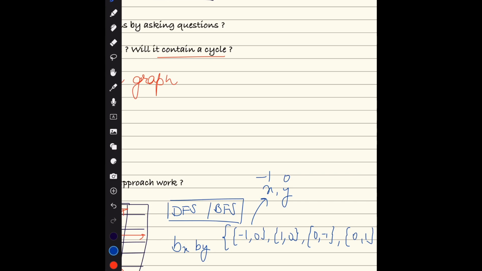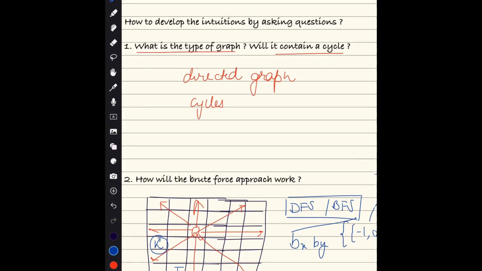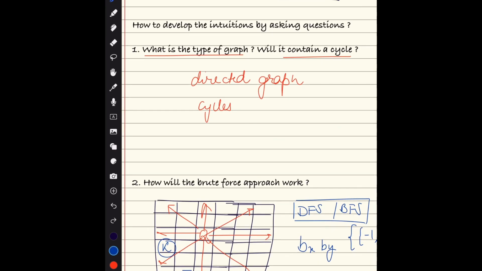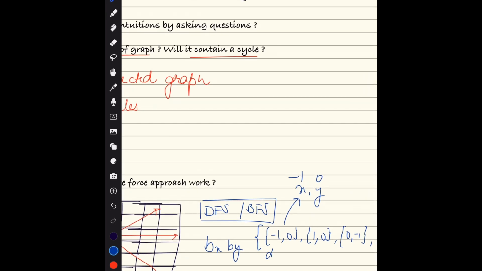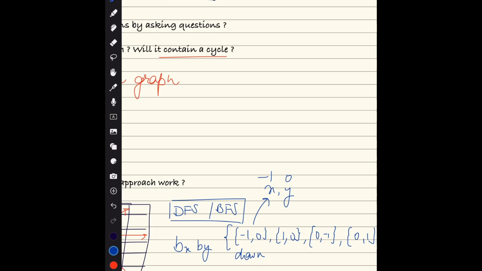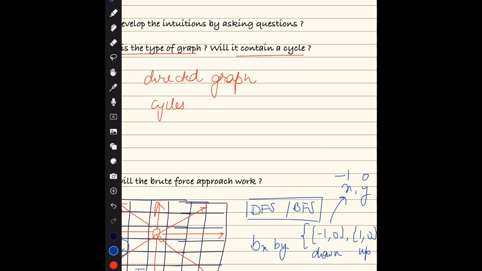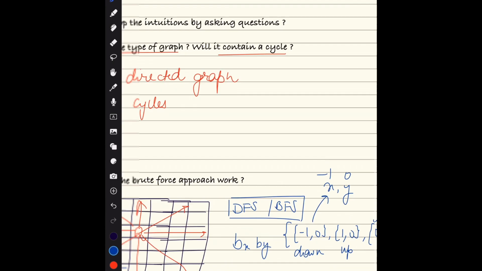That is, the value of x will decrease by 1. So the king will move down. This is for down. Since it will increase the value by plus 1, this is for up. Similarly, this will move towards left and this will move towards right. So that is how it will work.